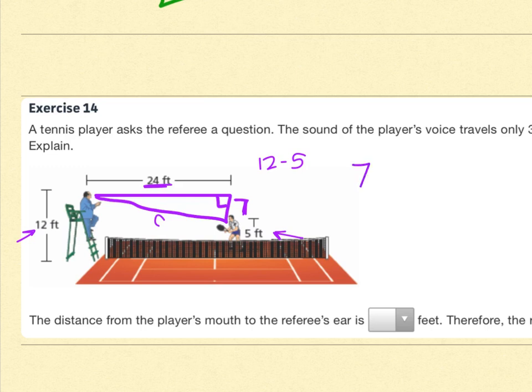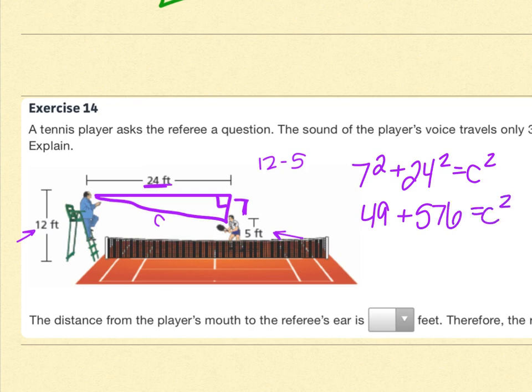So A squared plus B squared equals C squared. We're going to figure out if this is true. 49 plus 576 equals C squared. Okay, 49 plus 576 is 625. And the square root of 625 is 25.